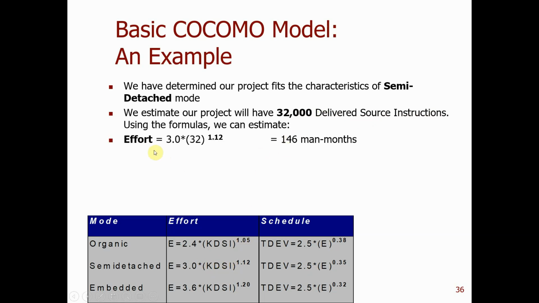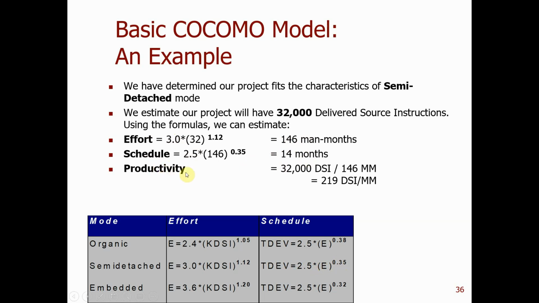Using the second equation, 3.0 times KDSI 32 raised to 1.12, you need a calculator, and it's 146 person months. Then we calculate the schedule: 2.5 times 146 raised to 0.35 is 14 months.